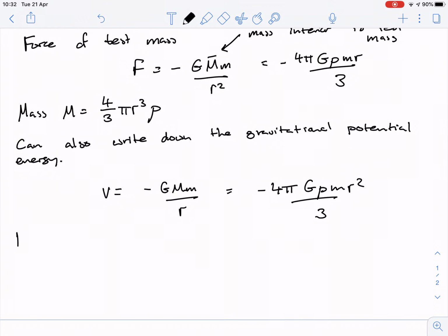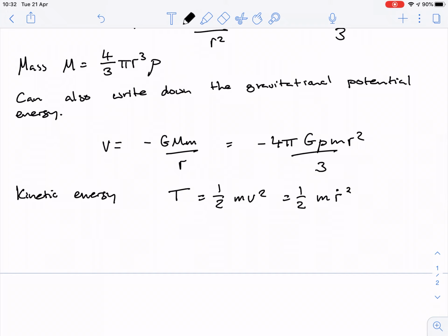And you can look at the kinetic energy. Call that T. That, of course, is a half m v squared, but the only velocity here is the velocity of the expansion, r dot, dr by dt, so r dot squared.